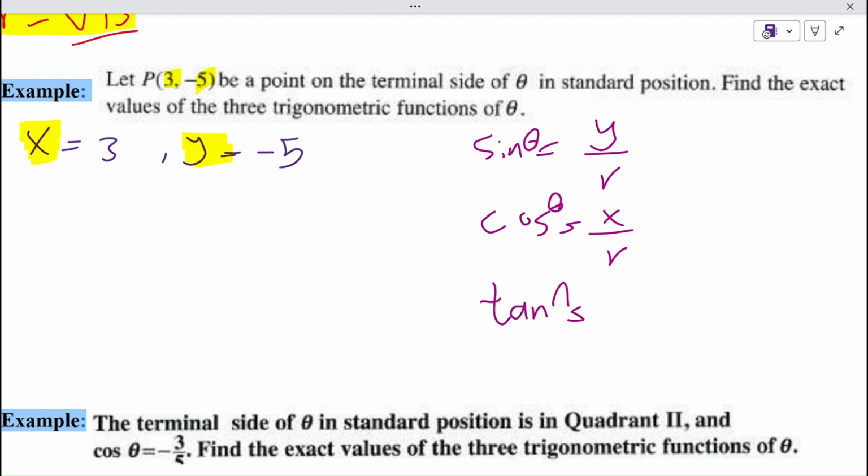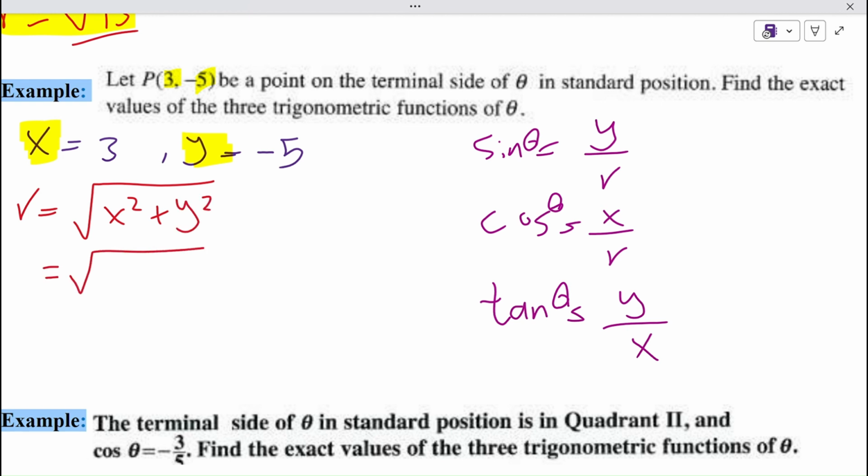Now, again, of course, we don't have r. For finding r, we will use the Pythagoras law, x squared plus y squared. So 3 squared plus -5 squared. This becomes the square root of 9 plus 25, so r is equal to the square root of 34.